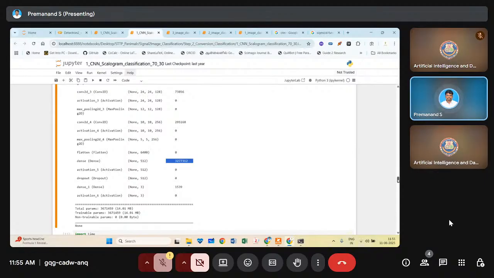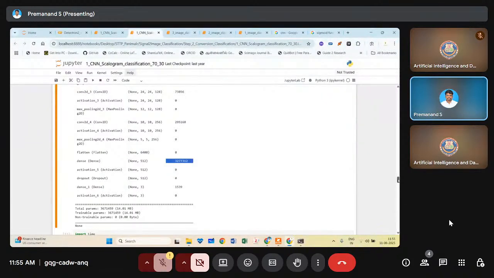At the end of the single layer, how much accuracy am I getting? If I add a second layer, what's the accuracy I'm getting? At some point the accuracy will keep on increasing, but after that it will keep on decreasing. So that's how we decide the number of layers that we need to use with respect to the particular data set.